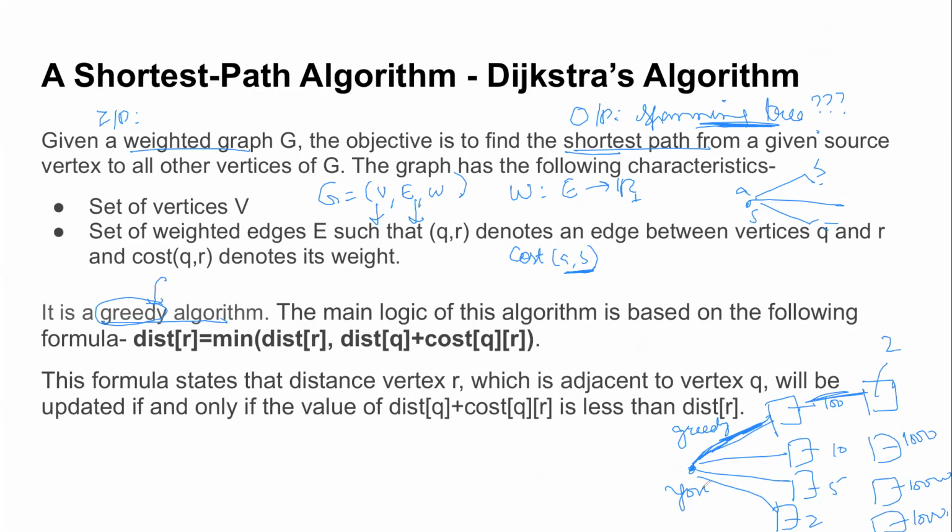If you had taken the least possible one, you would have overall got a better benefit. But this is the idea of a greedy algorithm. They don't look at the future trajectory. At every step they take a decision which is greedy with respect to that step. That's the difference between an optimized and a greedy algorithm.